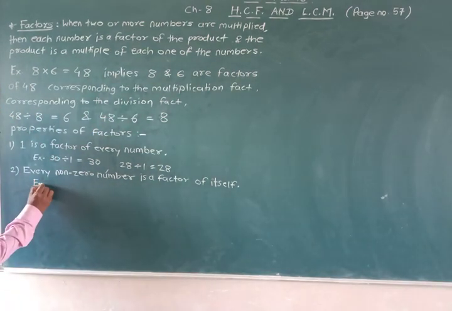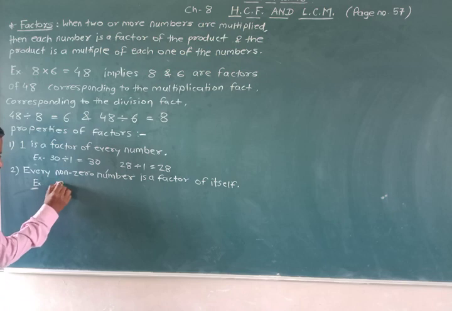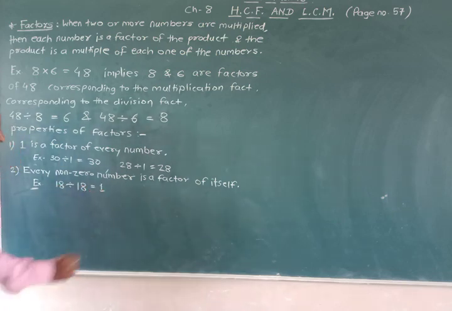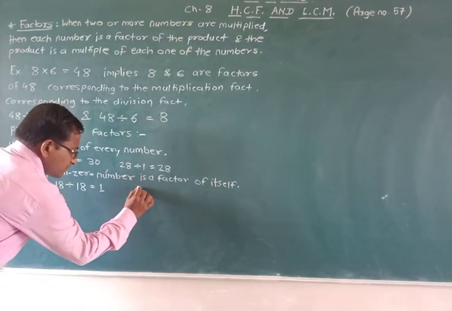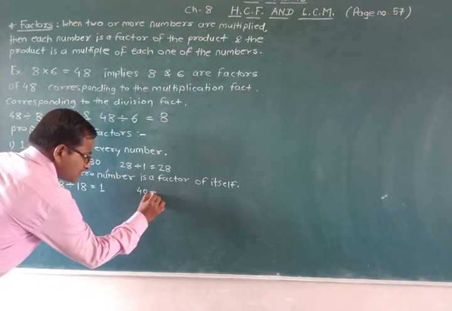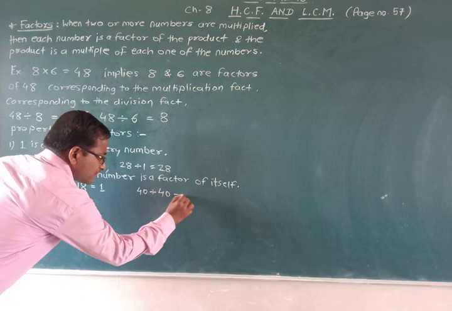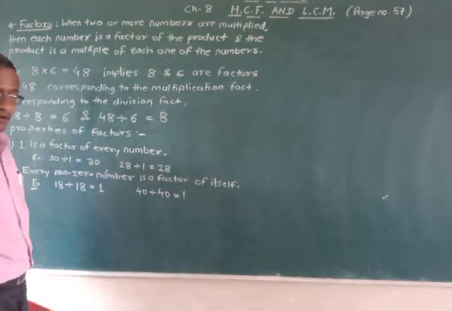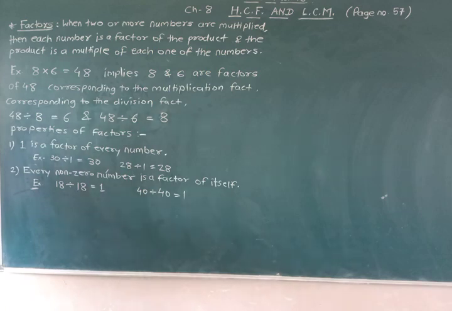Example, 18 divided by 18, we get answer 1. Then 40 divided by 40 is equal to 1. So every non-zero number is a factor of itself.